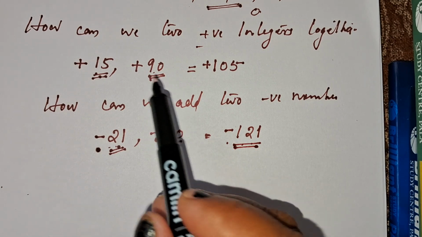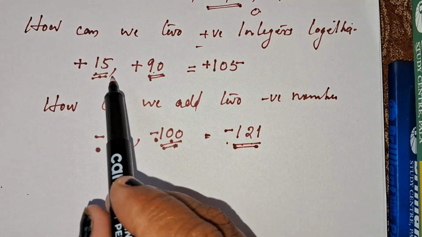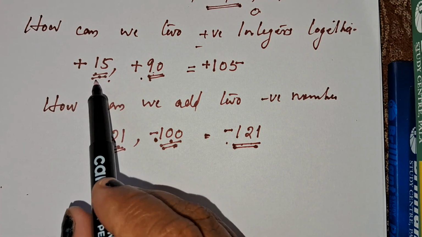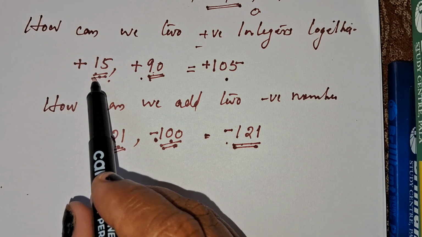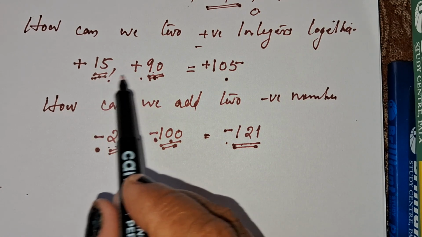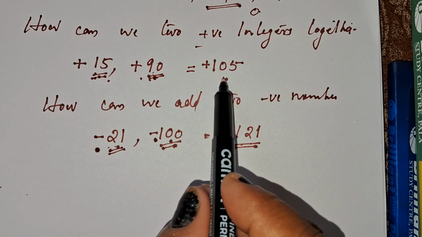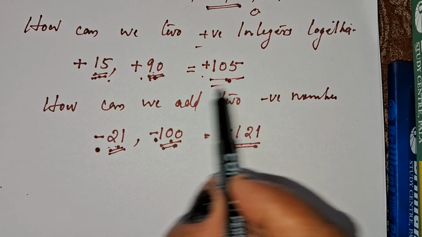So, how can we add two positive integers? First add the numbers together and then put the positive sign. For example, here +15 and +90. First add the numbers together. That means 90 plus 15. We get 105 and put the positive sign. That is the answer.